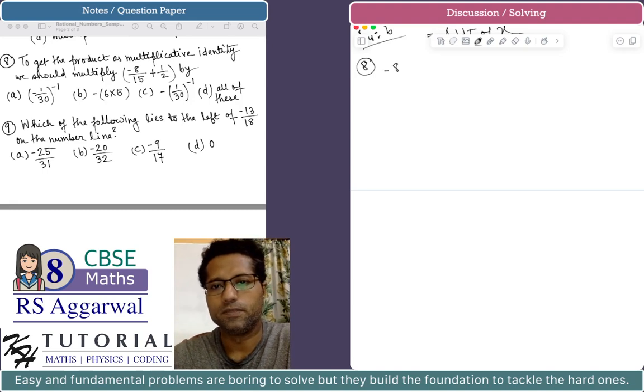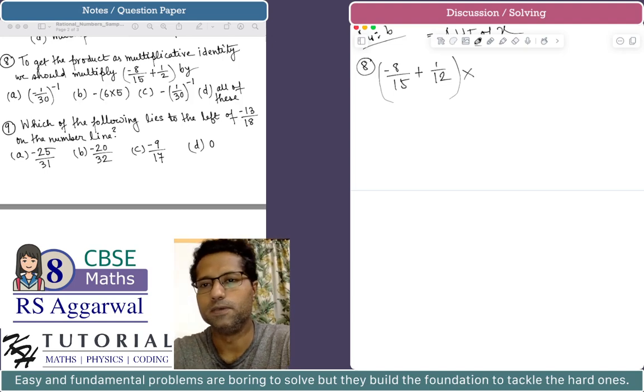The problem statement can be written like this: what we should multiply by this number, let's say rational number x, to get the product as multiplicative identity, which is equal to 1.